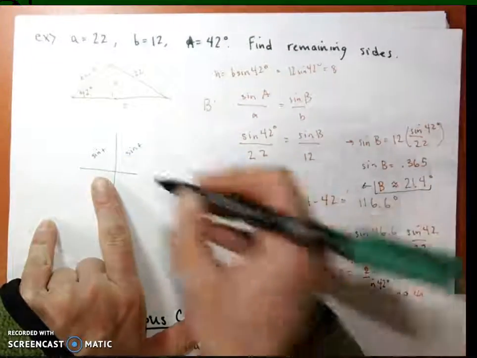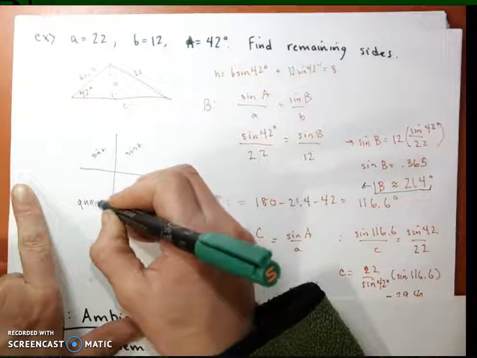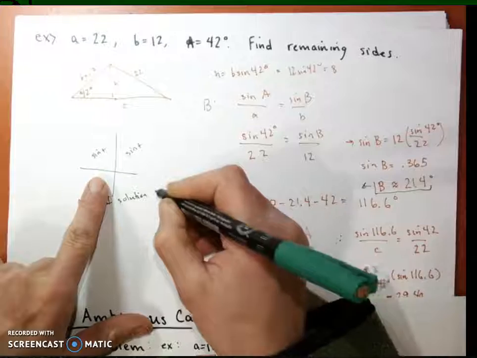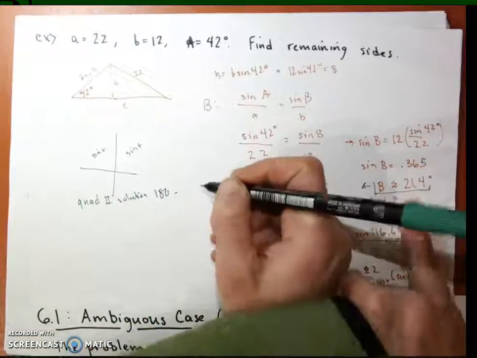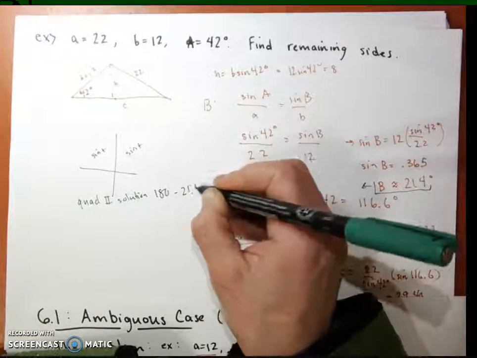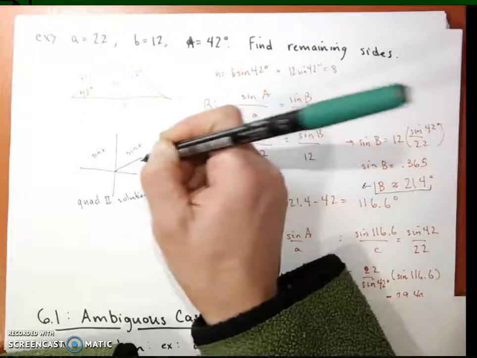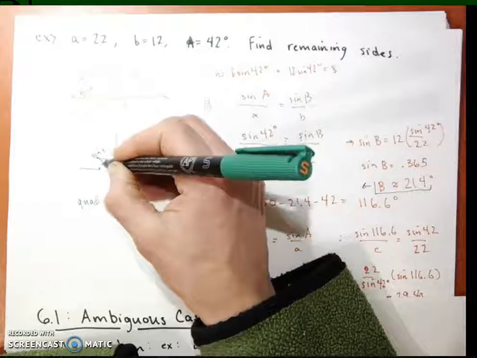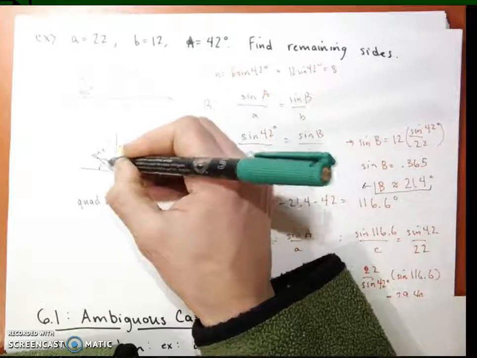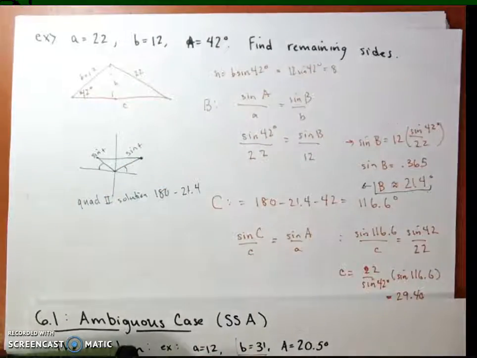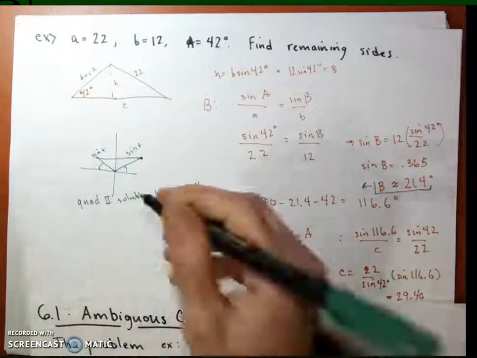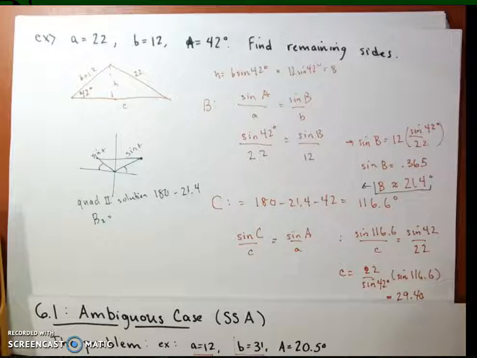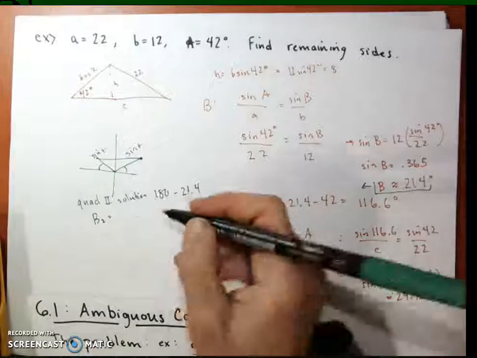To get the solution in quadrant 2, I would do 180 minus this value that I just got. Because if this is 21.4 degrees, then the other angle with the same sine is going to be 180 minus 21.4.